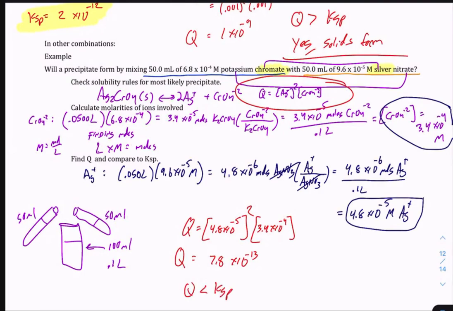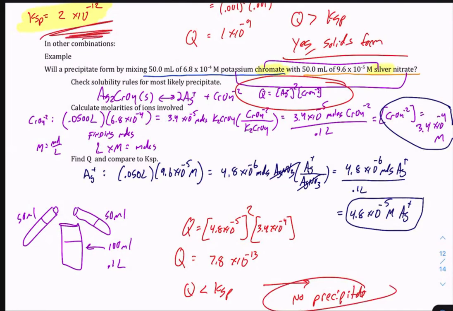Yes. The Q value is smaller than KSP. Remember, when Q is too low, that means you don't have enough product. That means the reaction will go forward. In the dissolving equation, going forward means staying aqueous. Where is the KSP? Here.